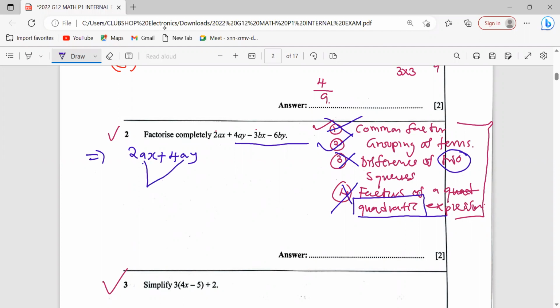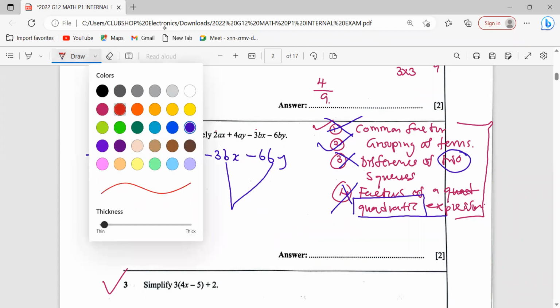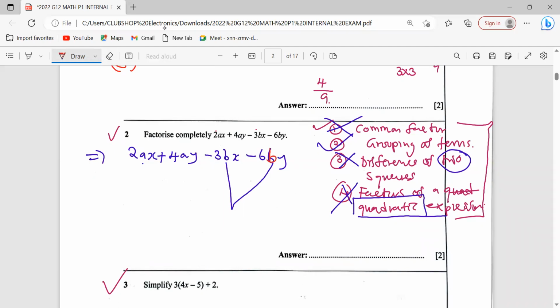If I wanted to bring x, I would have brought this here, because it has x, it has x, it has x. So then I'll maintain this because these are already grouped. Why are we saying they are grouped? Because there's something that is common, which is ab. This is ab, this is ab, and this is ab.